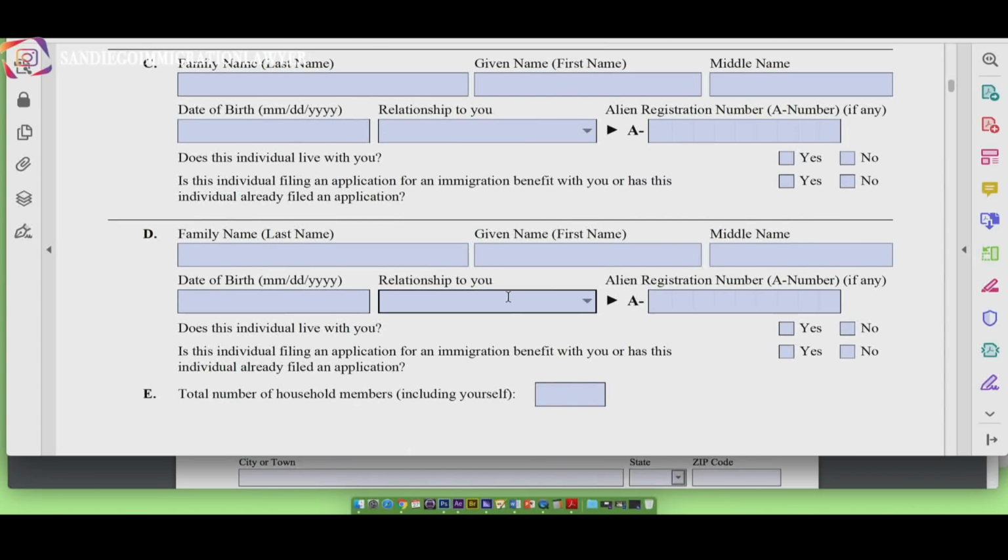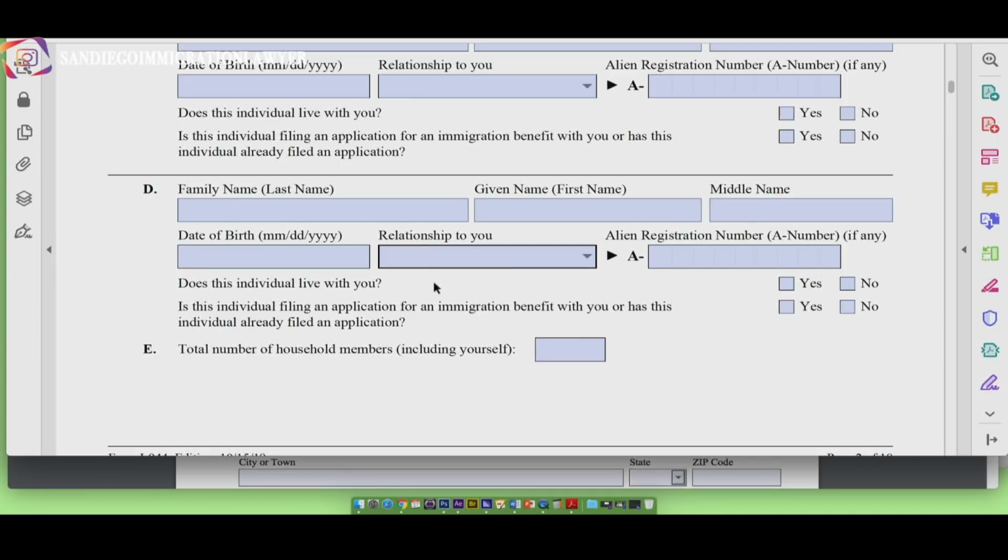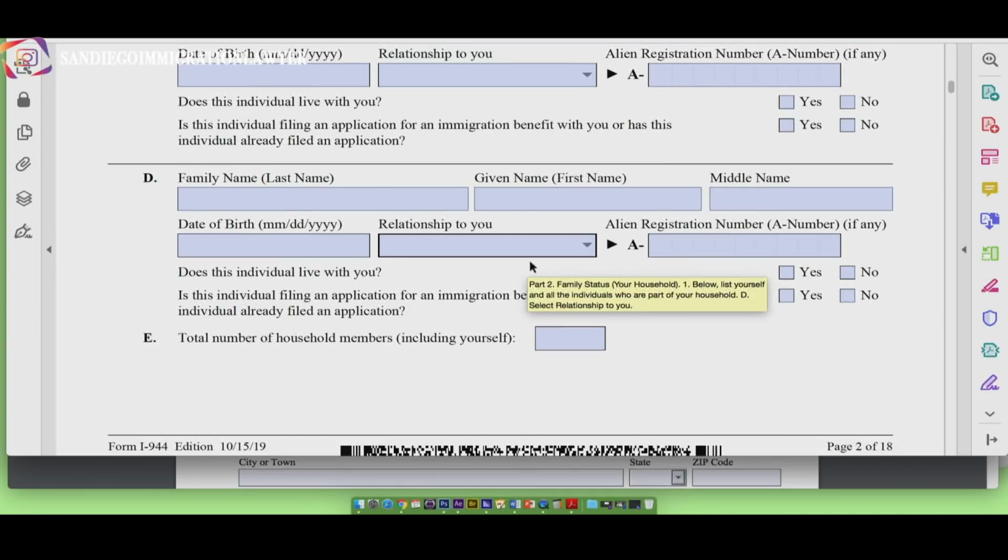If the information does not fit on this page, then you want to add the information at the end of the form. There is a page to add at the end of the form, or you can also add the information on a blank sheet of paper and attach that to your application.